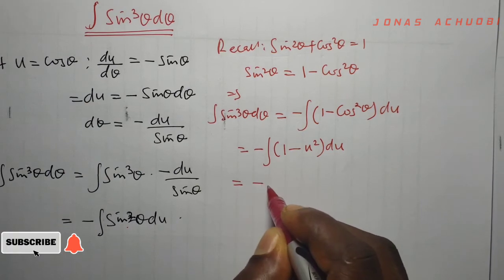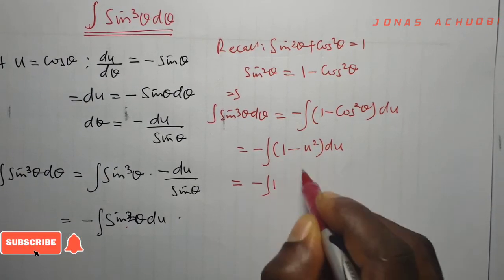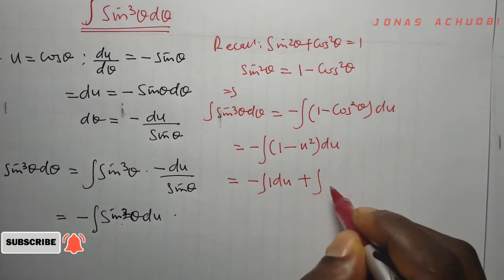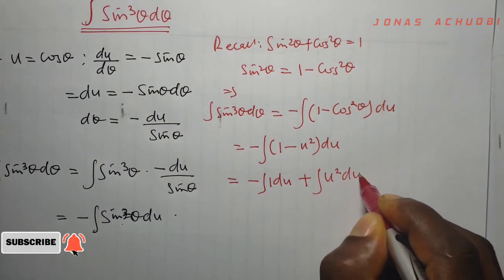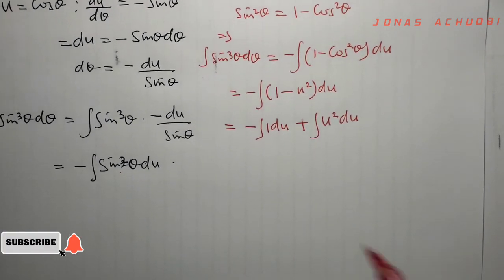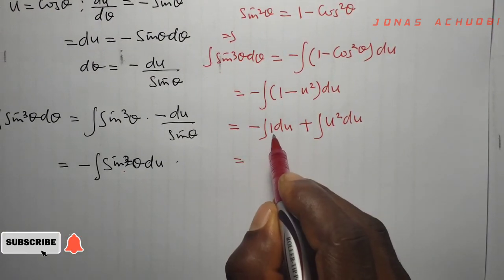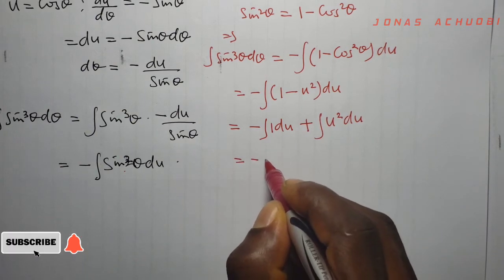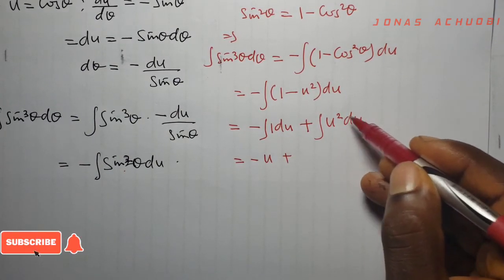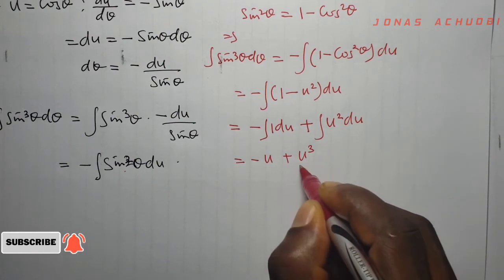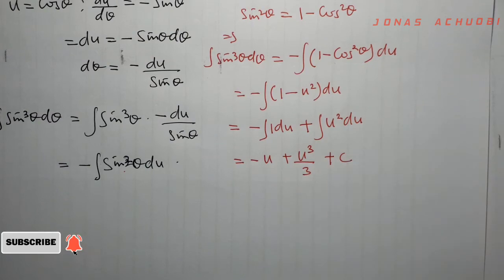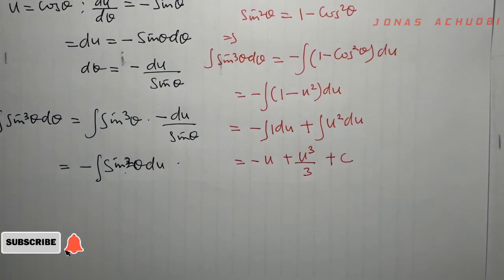This becomes minus the integral of 1 du plus the integral of u squared du. The integral of 1 du is u, so that becomes minus u plus the integral of u squared, which is u cubed over 3. Since we are done with integration, plus our constant c of integration.